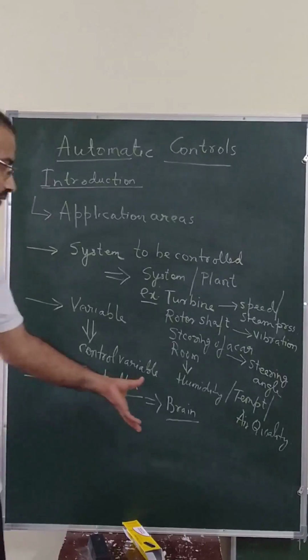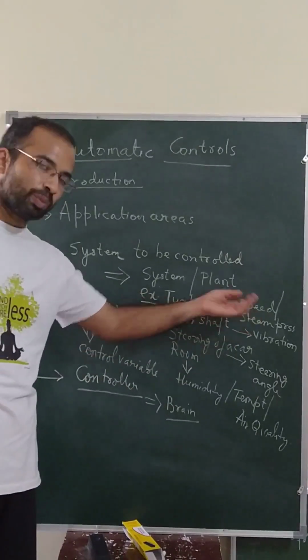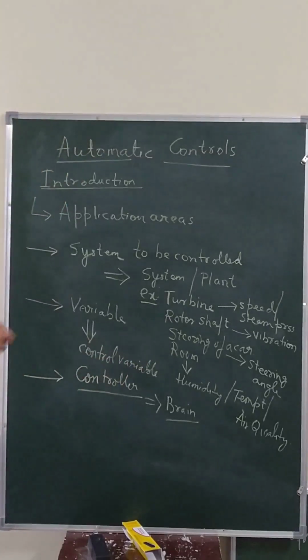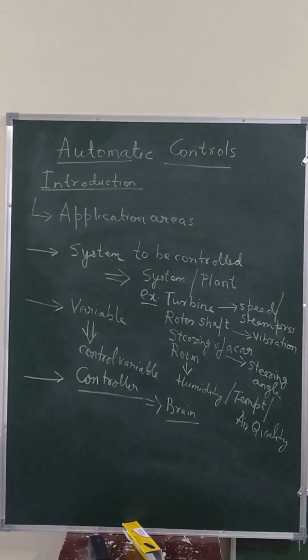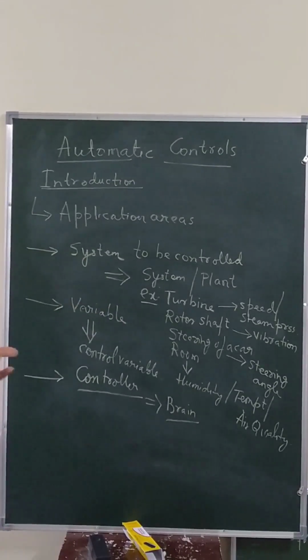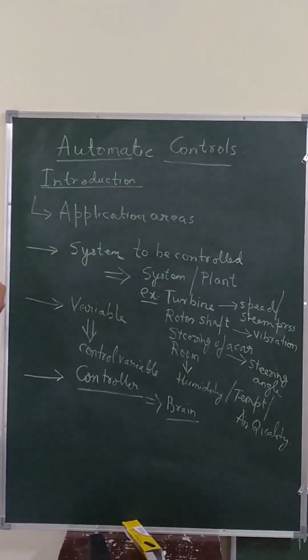So, if it's a turbine and you wish to control the speed, let's say you have a sensor inside the turbine and you are sensing its pressure. Now the decision, the action that you wish to take has to be decided by something, right? It has to be decided based on some logic.